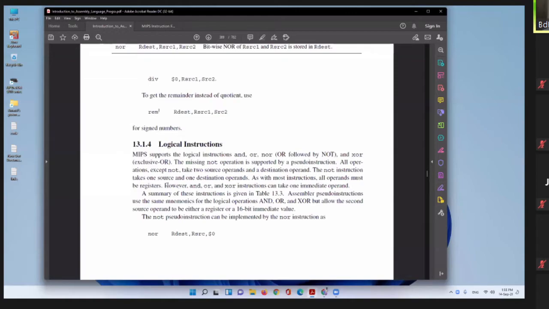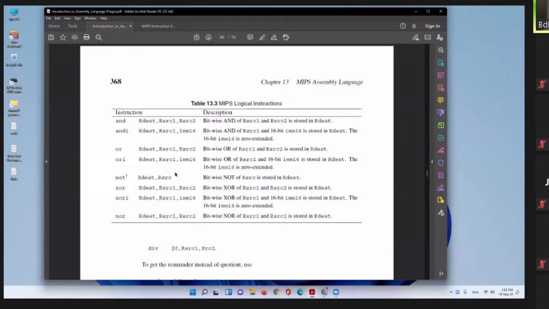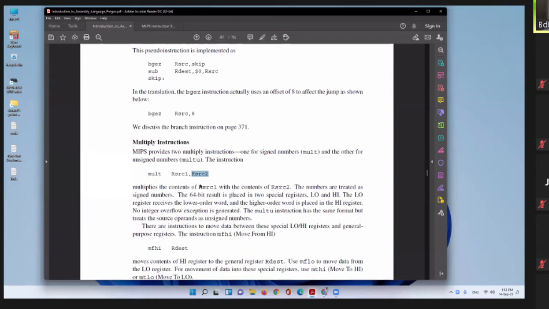And after doing the multiplication, remember in the MIPS type of processor, what we did after doing the multiplication, where we store our data? Remember one thing, this is 32 bit and that is 32 bit. So whenever you multiply 32 by 32, your result is 64 bit, right? Same as the previous one.